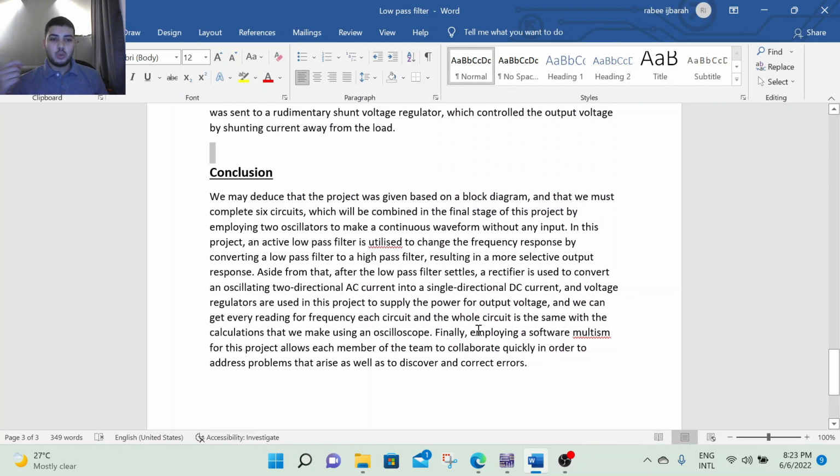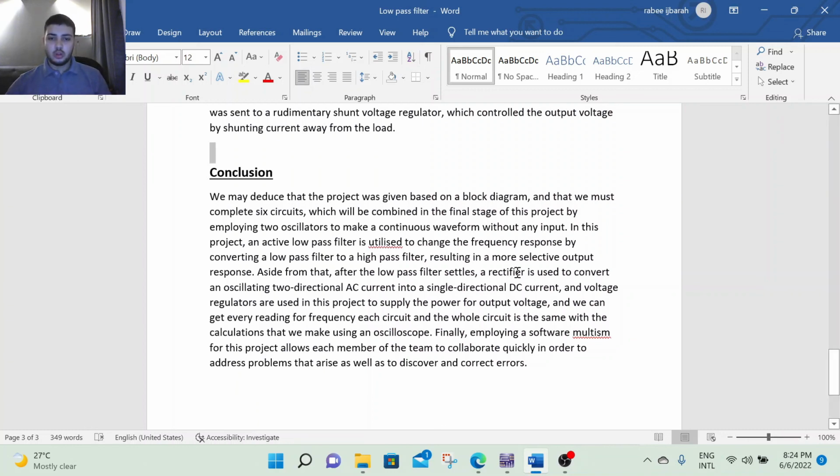We can get every reading for the frequency of each circuit, and the whole circuit is the same as the calculation that we made, using an oscilloscope.